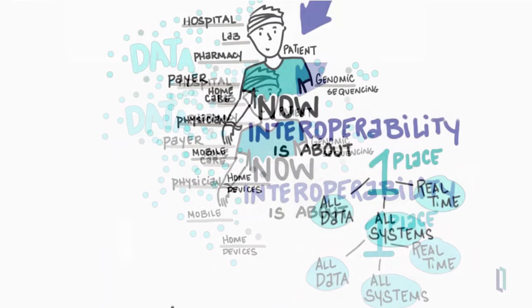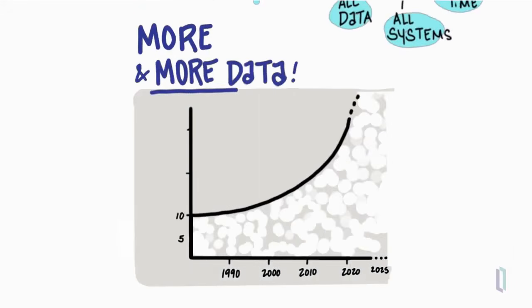So not only is there data in more places, but there is a lot more data. And a few years ago, Dr. William Stead at Vanderbilt University wrote an article where he estimated the amount of data, the number of facts that existed for every complex decision we have to make in healthcare.